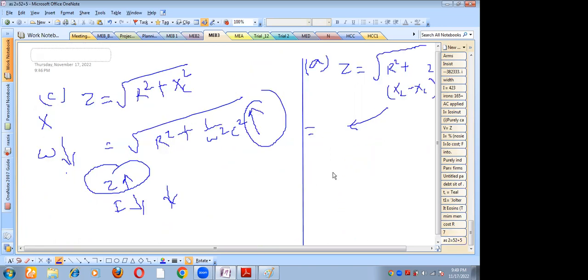We have to decide for the term XL minus XC square. What will happen to that? Then we can decide the value.